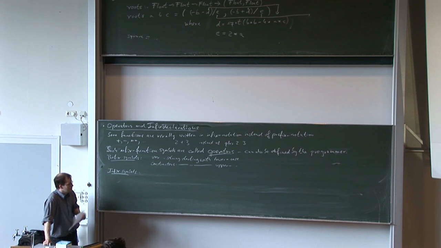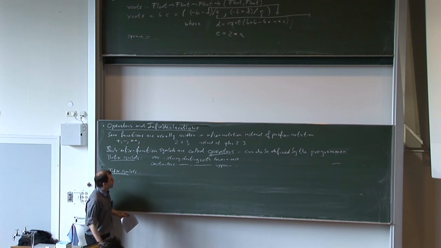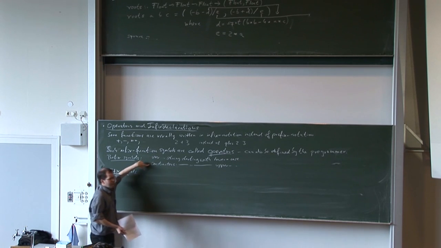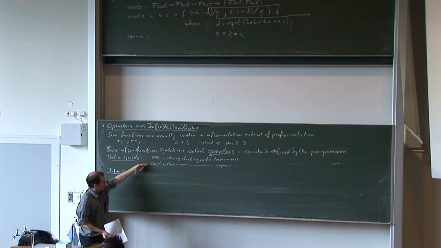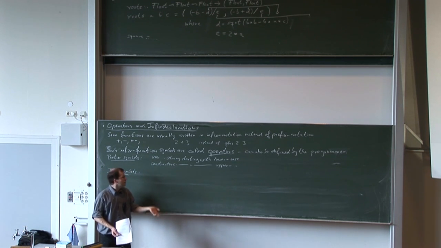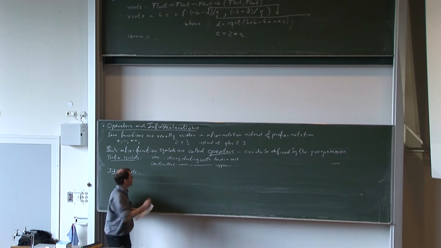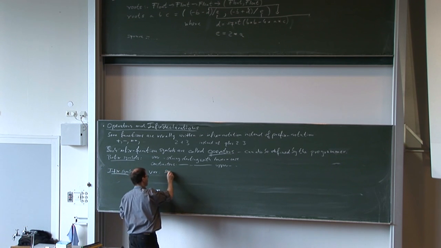And to distinguish between variables and constructors, the convention is like this. Constructors are sequences of special symbols starting with colon, and variables are sequences of special symbols which don't start with colon. So variables are sequences of special symbols.